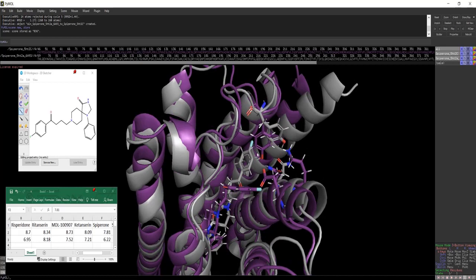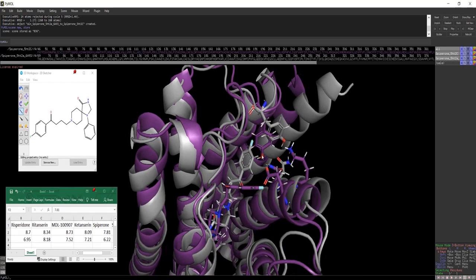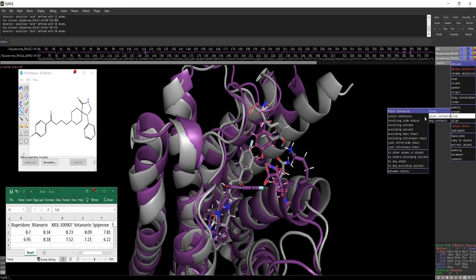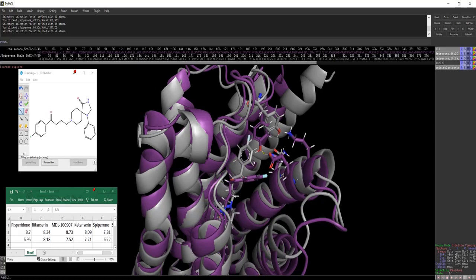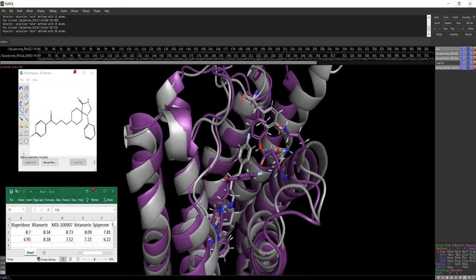Otherwise, you would get a steric clash. And again, that is a result of this hydrogen bonding network between that glutamic acid, the asparagine, and the tyrosine, as you can see here, which forces this to point towards helix 7.